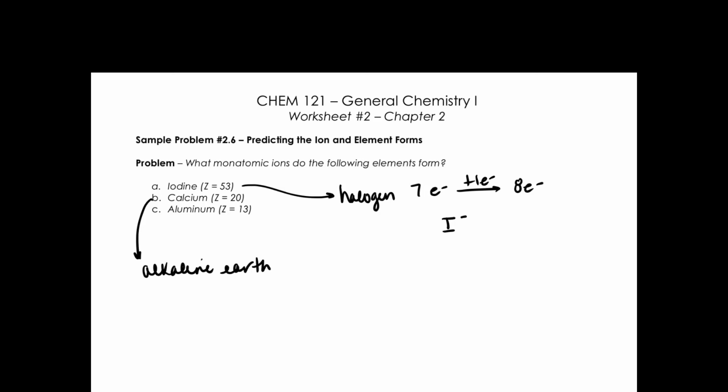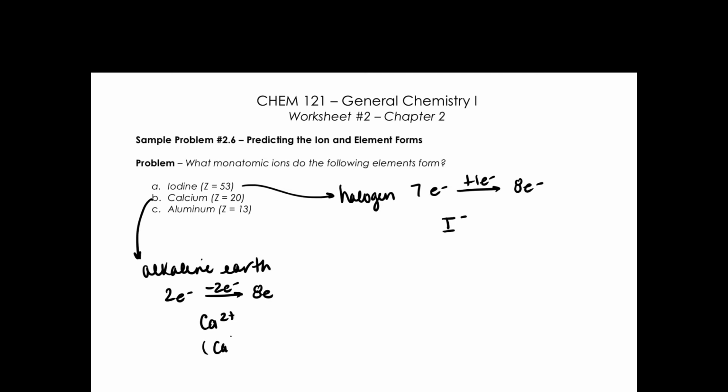It lives in group 2, or column 2, in the periodic table, meaning that it has 2 electrons. To get to its magic number of 8, it's actually going to lose those 2 electrons and live with the 8 that's in the shell below it. We'll learn more about this in a few chapters. But by losing 2 electrons, that means the calcium ion is going to have a charge of +2.